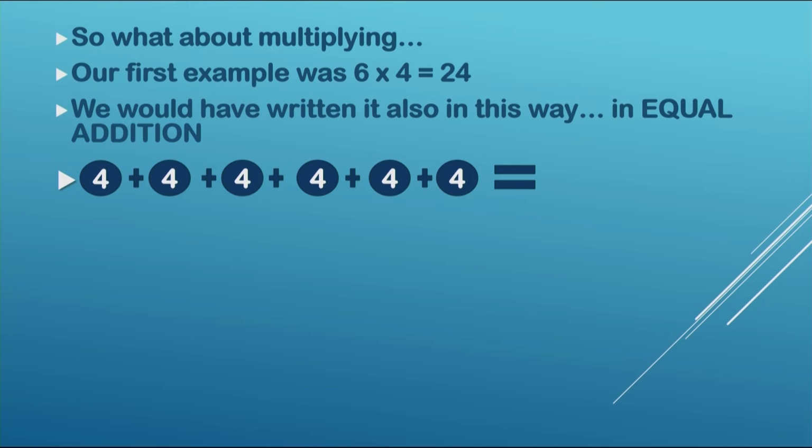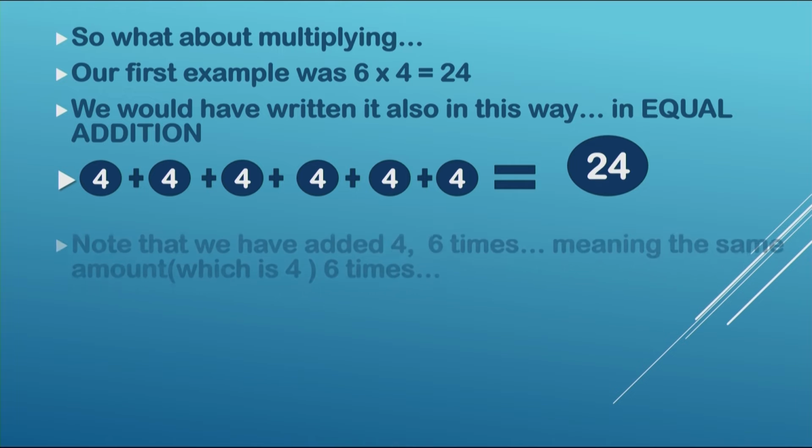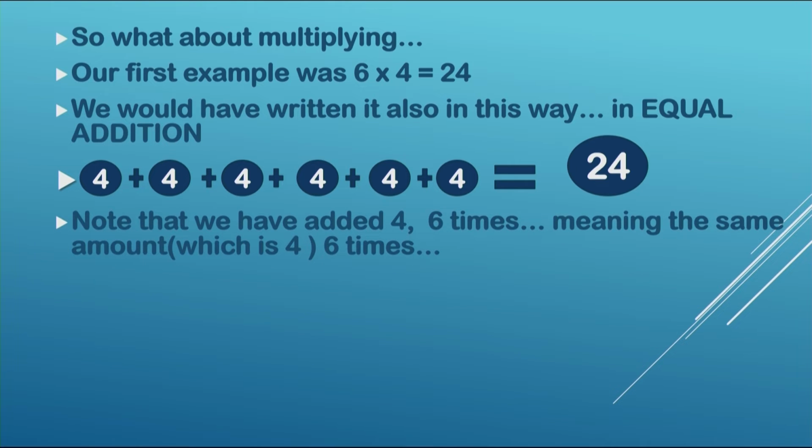And our answer would have been 24. In fact, that's what the answer should be. Now, we continue. Note that we have added 4 6 times, meaning the same amount, which is 4, 6 times.